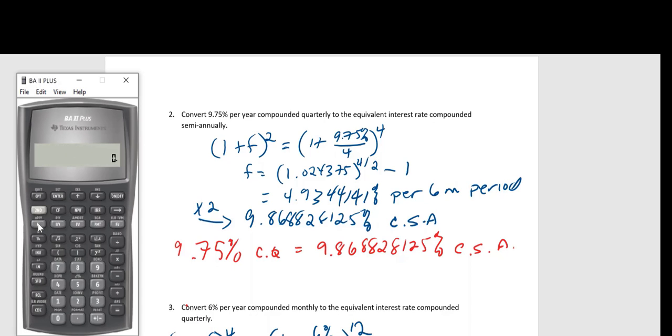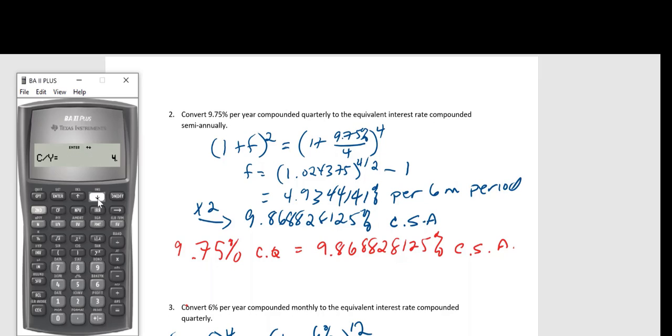Again, let's bring up our calculator. Clear, we're going to start from the beginning. Second function, interest conversion. Second function, clear. We want to start with 9.75% compounded quarterly. Press 9.75 in the nominal window, press enter. Up arrow. It's compounded quarterly, press 4, enter. Up arrow. We are at the effective window. Press compute to get the effective interest rate, which is 10.11231255% compounded yearly. We don't want that. We are looking for the compounded semi-annual rate.